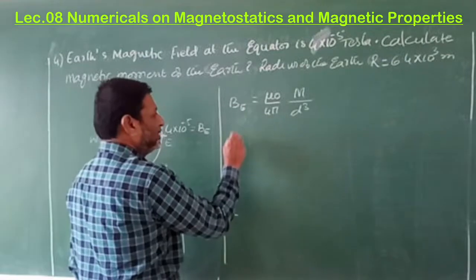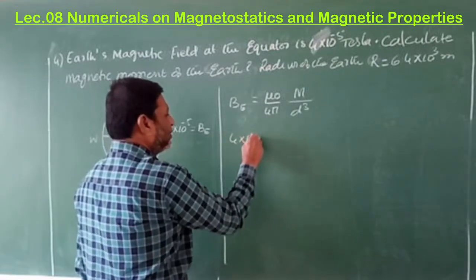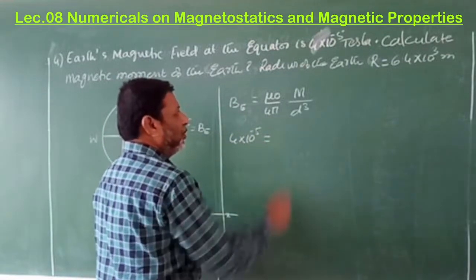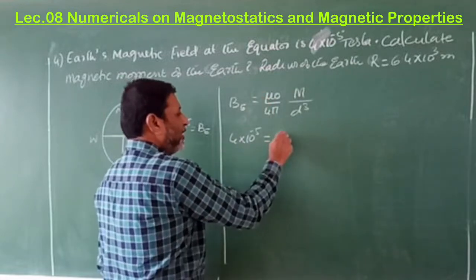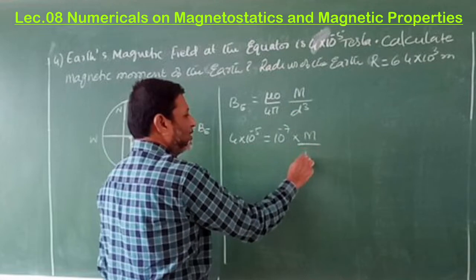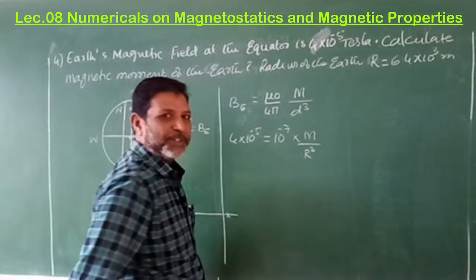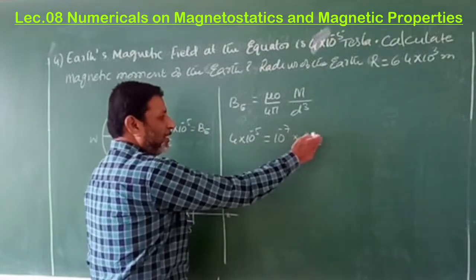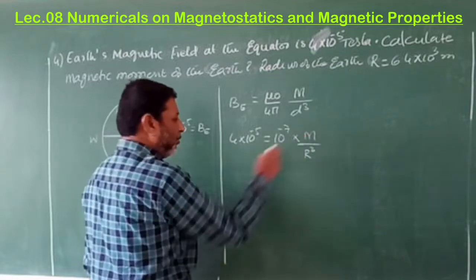It is 4 into 10 raised to minus 5, which equals mu naught by 4 pi, which is 10 raised to minus 7, times m divided by the distance, which is equal to r cube, the radius. Now you want to calculate the value of m.